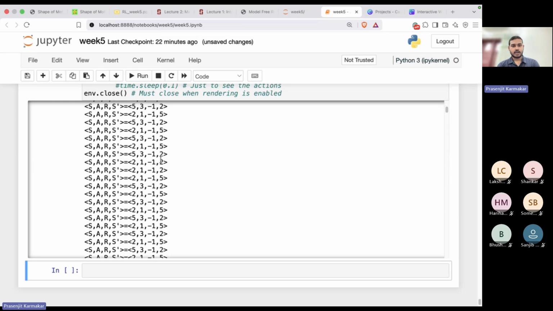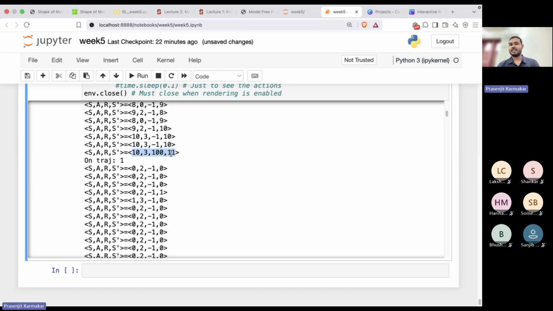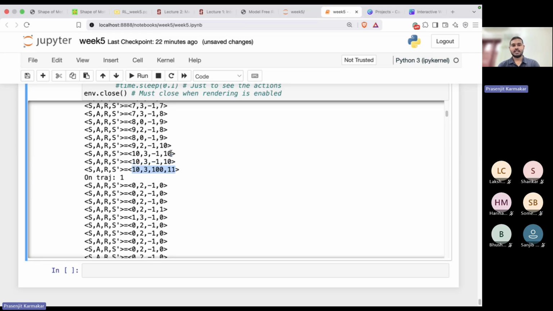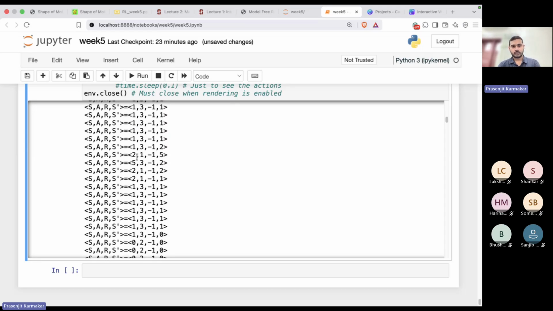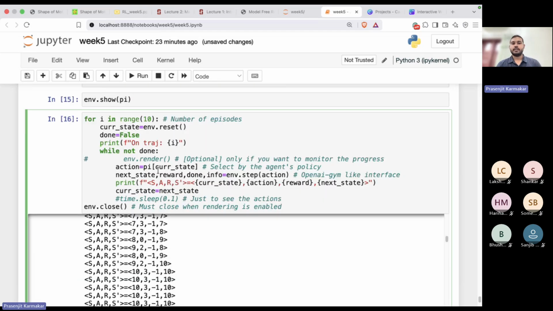Then after a few hundred interactions, even with a random policy, it reached the goal state. Why? Because it has the sleep. With some probability, it will not take the policy. The environment has some stochasticity within it. In trajectory 2 also, it was something like this.